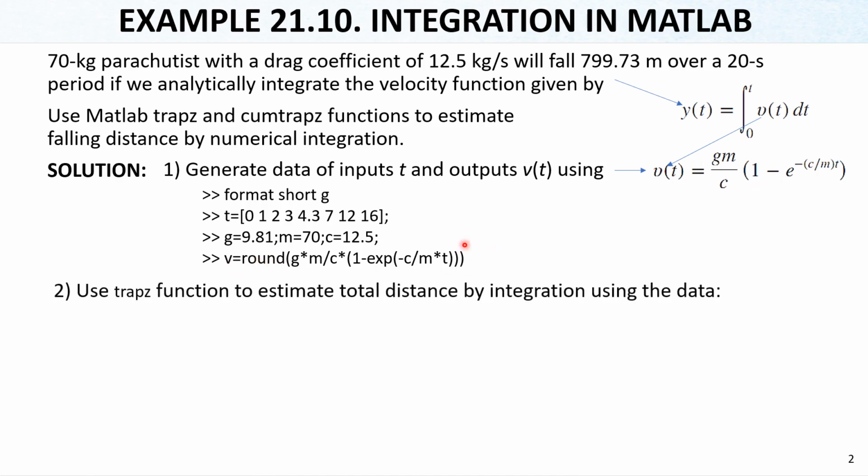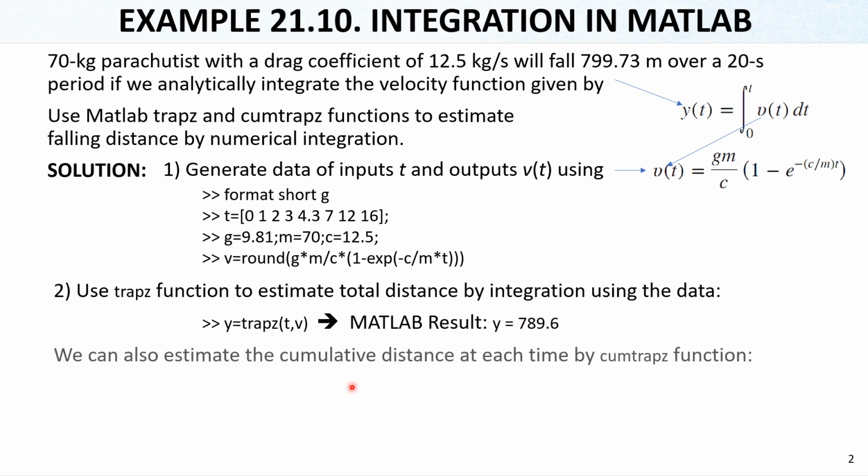This function is this, actually. Then let's use the trapz function. For that, the x values are the t's and the y values, the output values, are the v's. And MATLAB gives us 789.6. This is close to the analytical value, as you can see, but there is a small difference, of course.